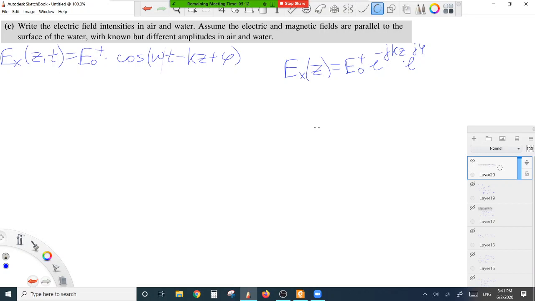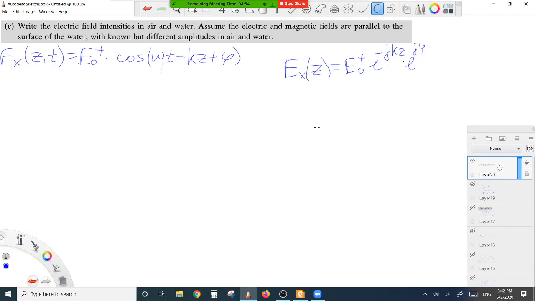We assume that the normal direction is z, and the electric field intensity is in the x or y direction.